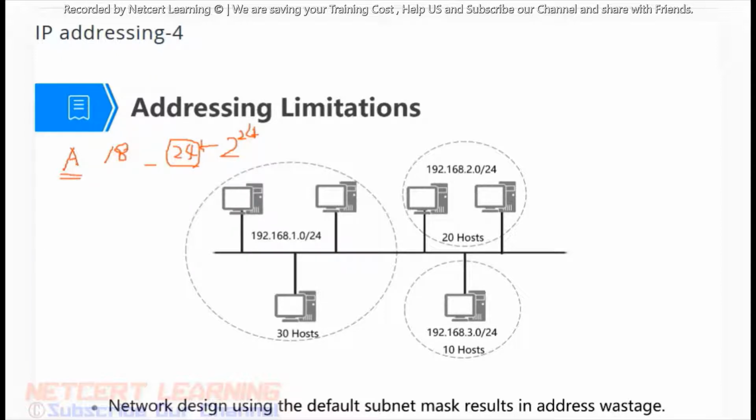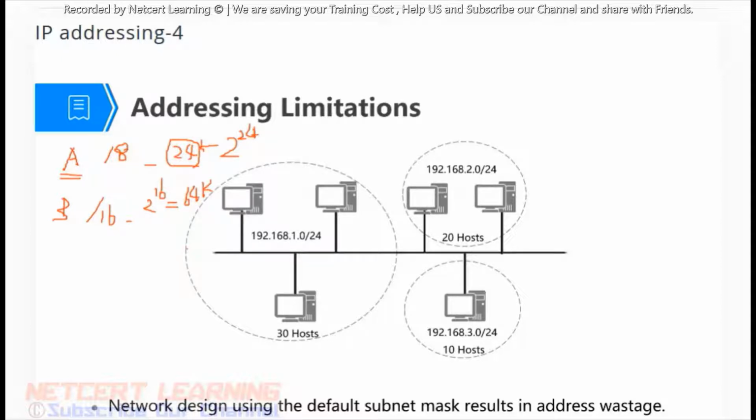And of course class B, the network mask is 16. So how many hosts can it contain? 2 to the power of 16, about 64 thousand hosts in one network. That's still too many hosts.